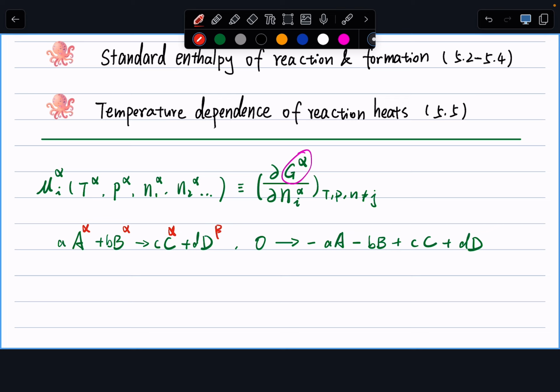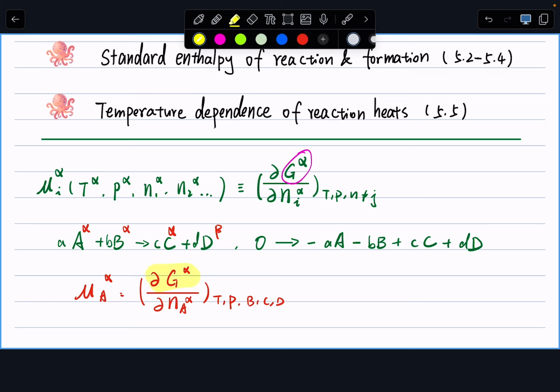In this kind of reaction, the chemical potential of species A in phase alpha equals the partial derivative of the Gibbs free energy in phase alpha over N_A in phase alpha, while keeping T, P, and B, C, and D all constant.